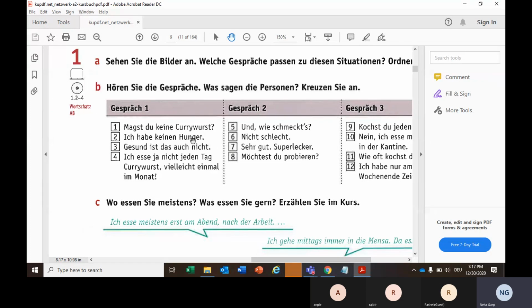Okay, so what all dialogues were there in Gespräch 1? Magst du keine Currywurst? Und ich esse ja nicht jeden Tag Currywurst.